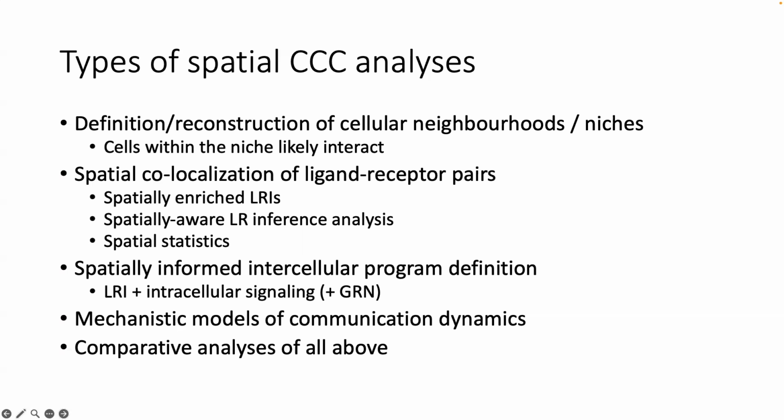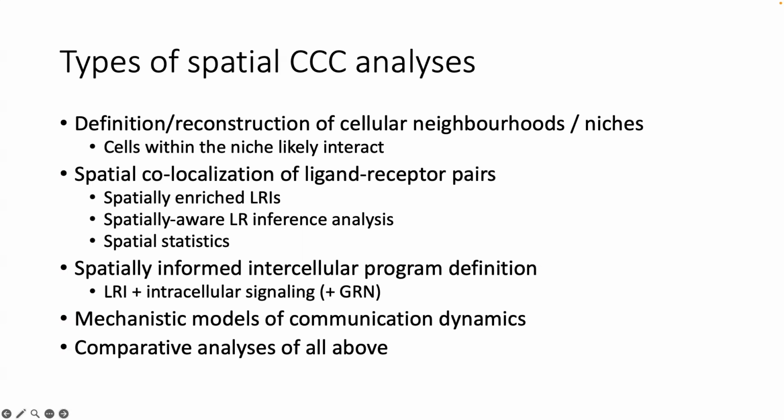You can also do spatially aware ligand receptor inference analysis. Basically, you take the output of ranked ligand receptor interactions of any cell-cell communication tool, and then you filter out the ones that are not spatially colocalized. Very easy to do. Makes any tool a spatial cell-cell communication tool.